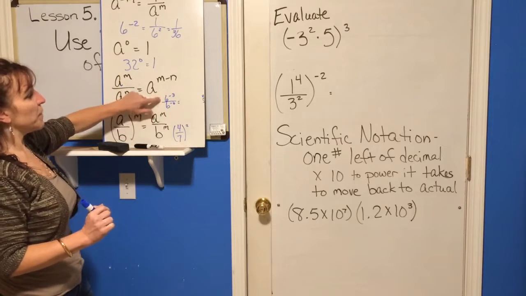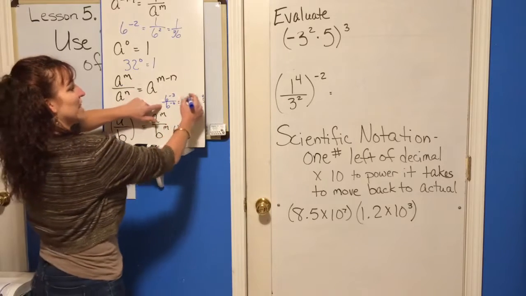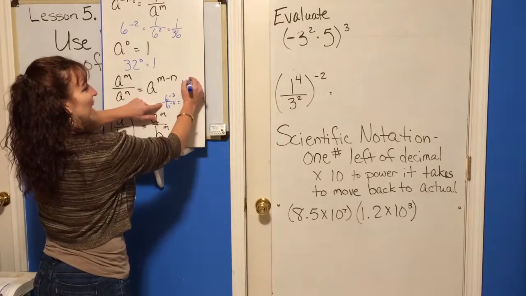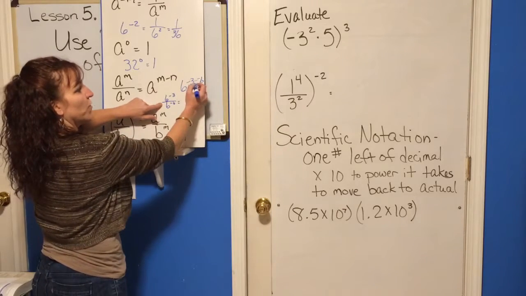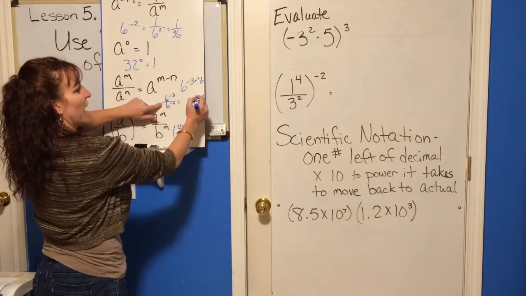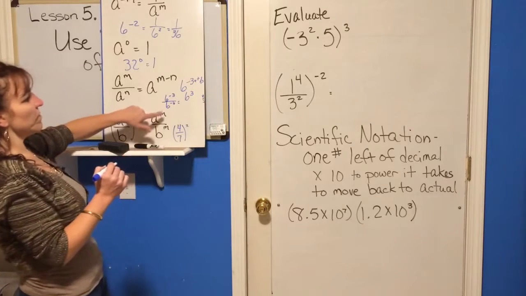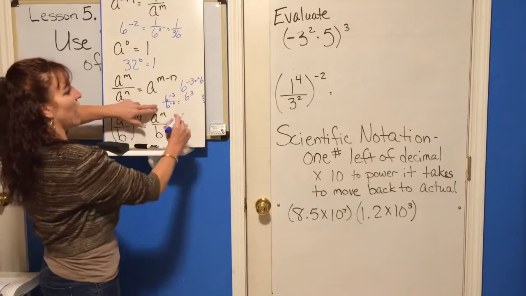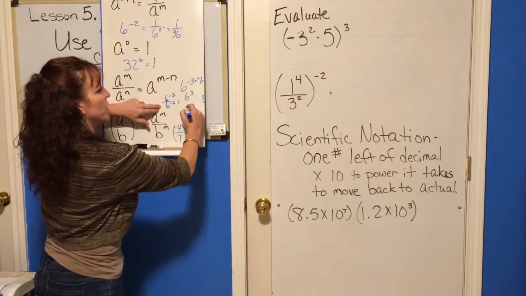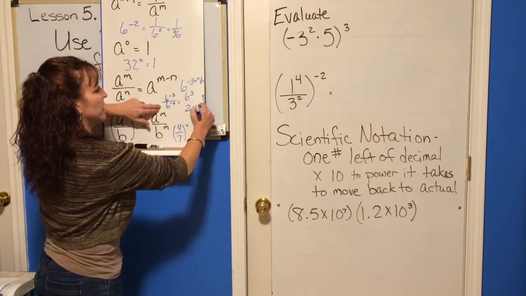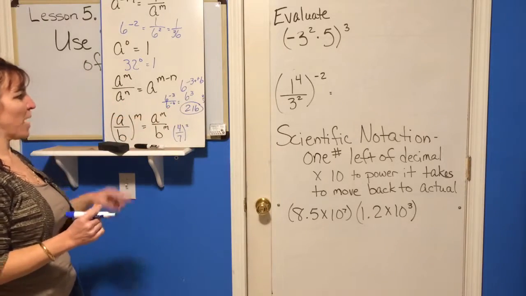So if you have 6 to the negative 3rd over 6 to the negative 6, that's going to end up being 6 to the negative third minus a negative 6. So you add that 6, and now you've got 6 to the third power. So 216 should be your final answer if you take 6 to the third power.